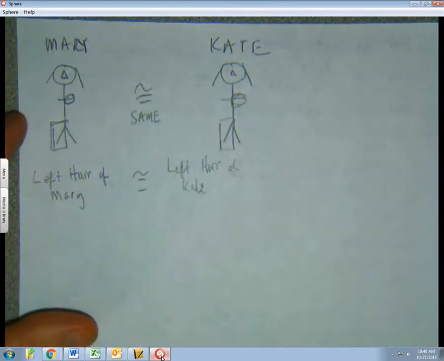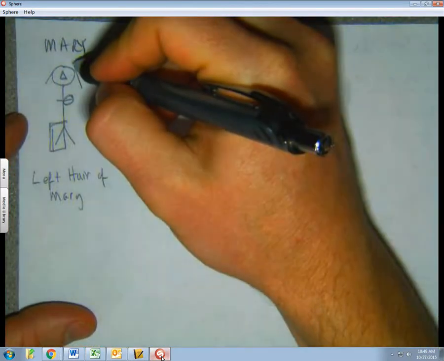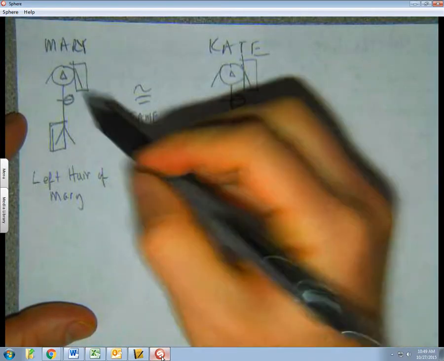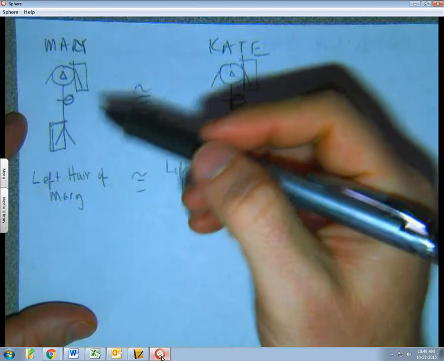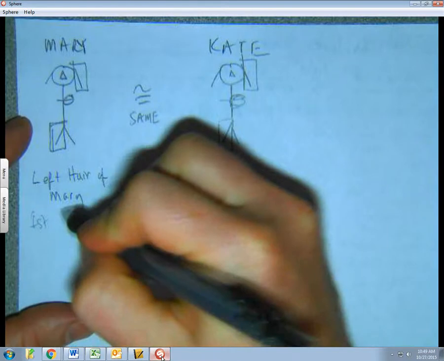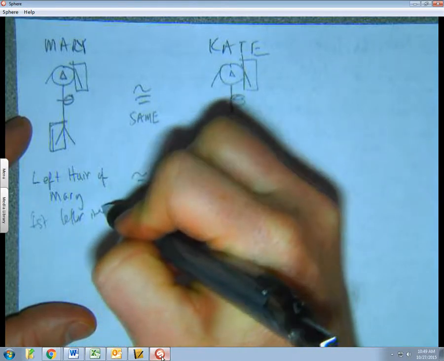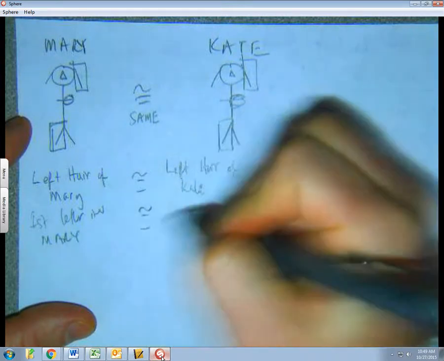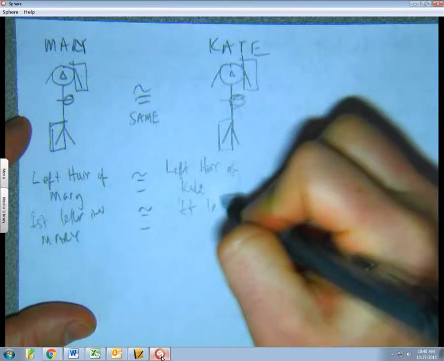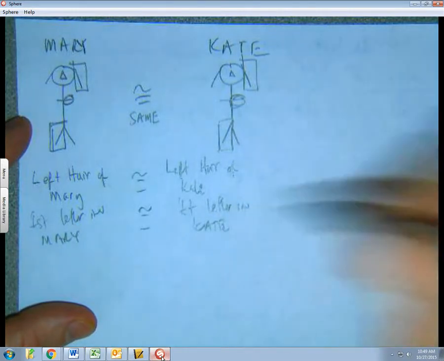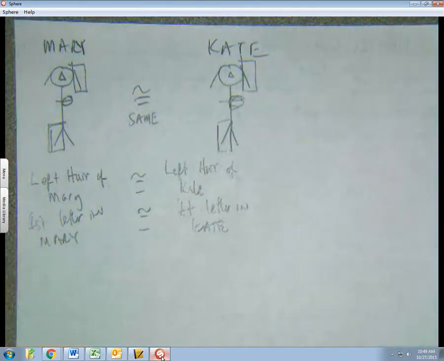Okay, so that would be a box around them both. And let's say the first letter in Mary corresponds with the first letter in Kate. And I know they aren't perfect examples, but this is where we're going.